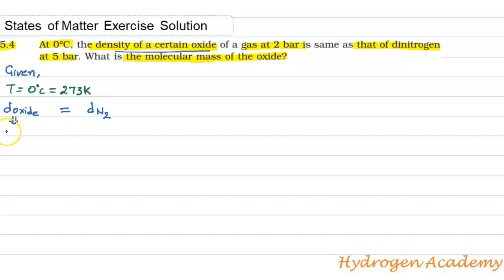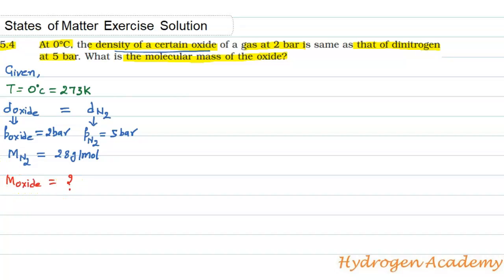Pressure of oxide, P oxide, is equal to 2 bar, and pressure of dinitrogen, P N2, is 5 bar. Another information, the dinitrogen molecular mass, M N2, is equal to 28 gram per mole. The question is asking the molecular mass of the oxide.